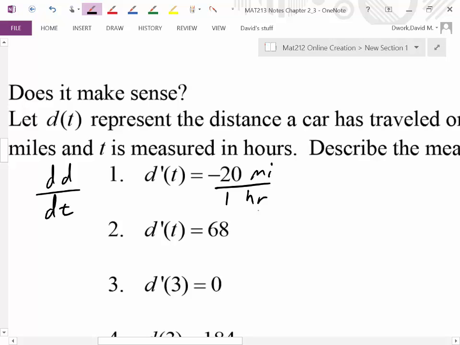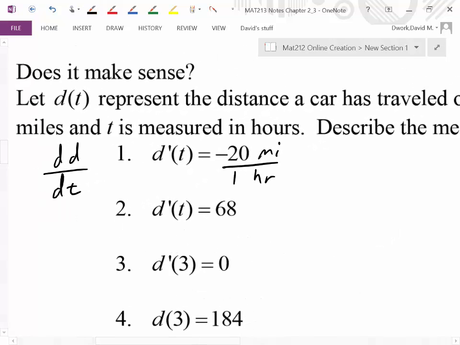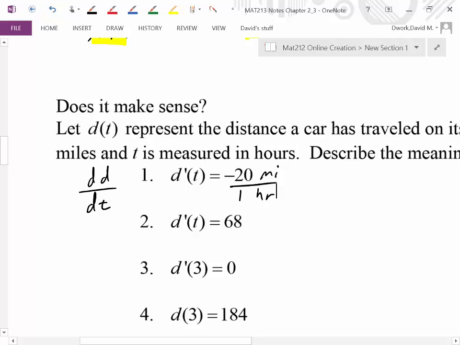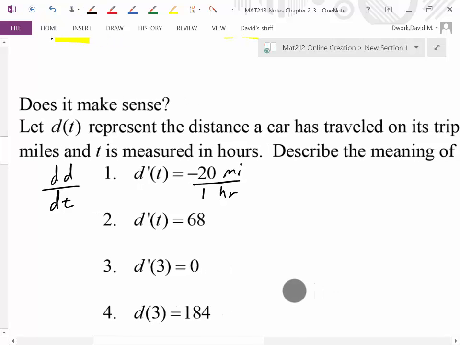So if we're talking about the distance the car has traveled on its trip to Las Vegas, what are we saying if it's going negative 20 miles per hour? Well, that's kind of one of the fun things here. We can actually put meaning to derivatives if it was given in the problem. So here what I would say is if we're talking about a car traveling towards Las Vegas, negative would mean it's traveling away.